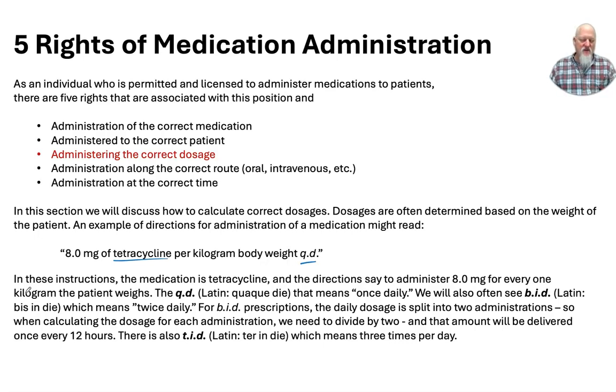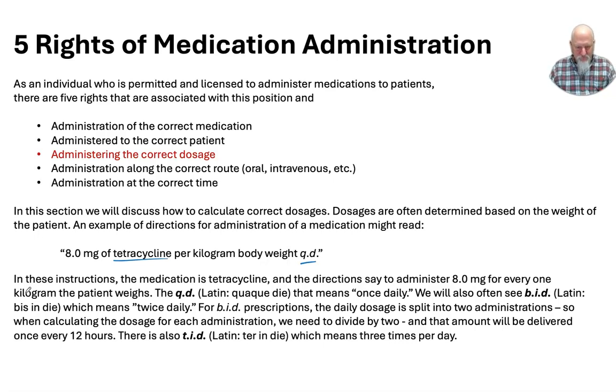So that means based on the person's body weight or mass, we're going to determine how much of the drug we should administer. Okay, QD or BID or TID are the number of times a day that they should get it. And sometimes this is there and sometimes not.